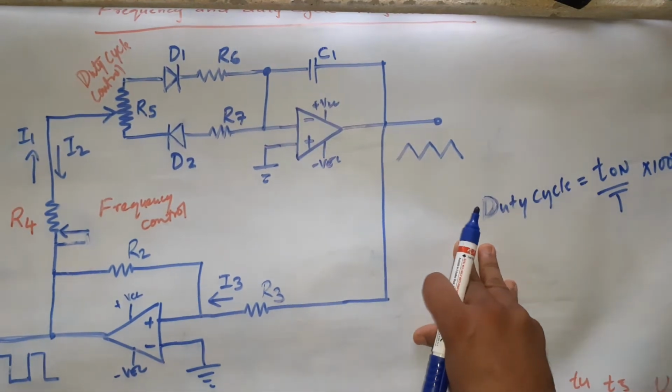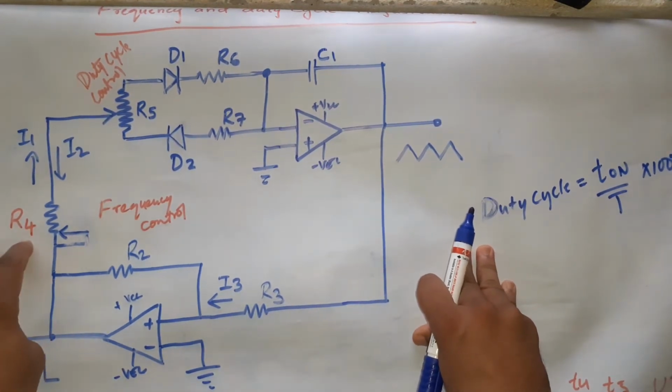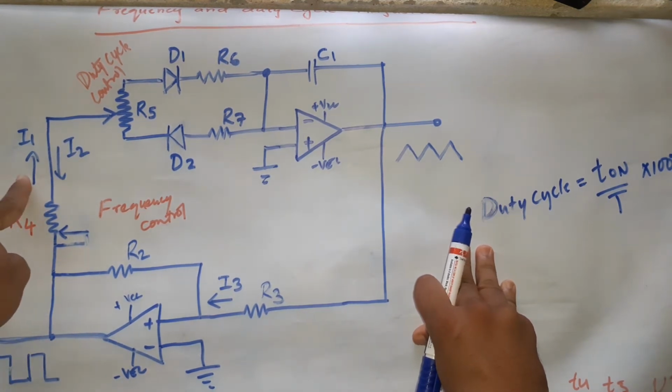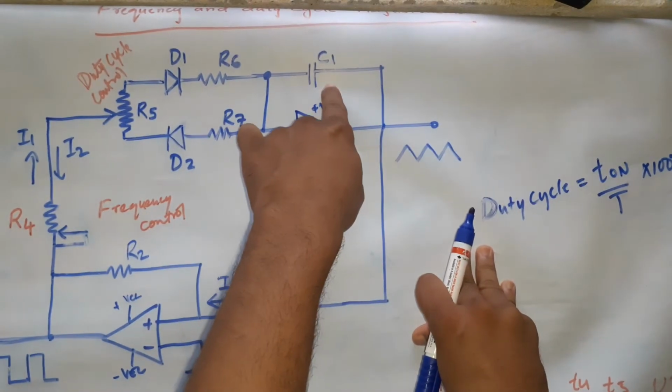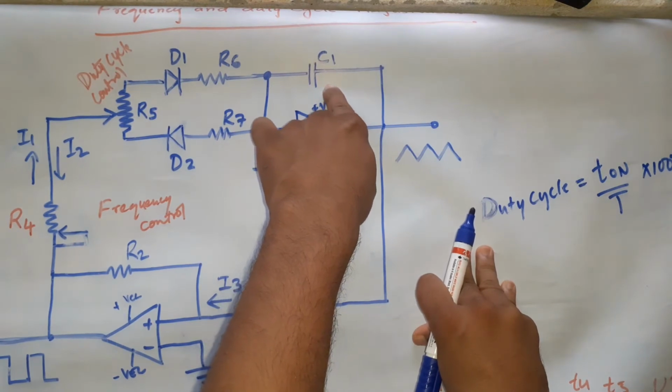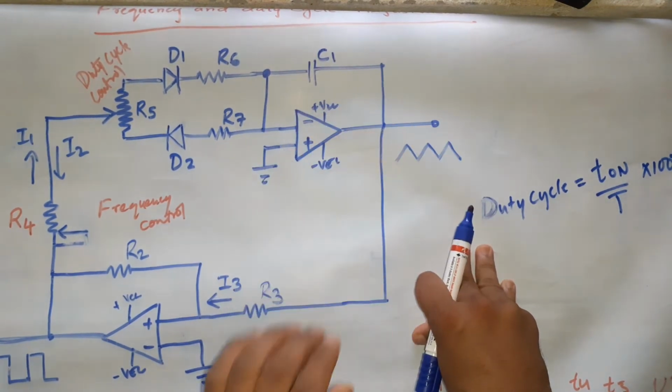Just concentrate. As resistor R4 is full, the current I1 decreases. If the current to the capacitor C1 decreases, capacitor C1 charges slowly, isn't it?